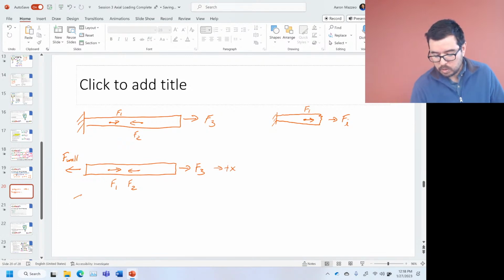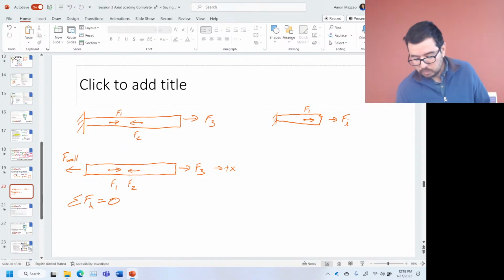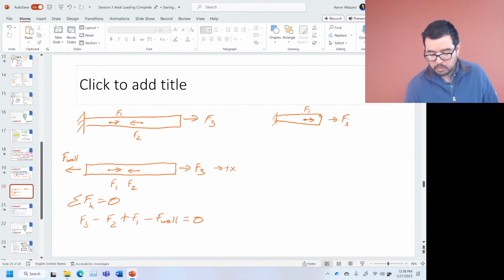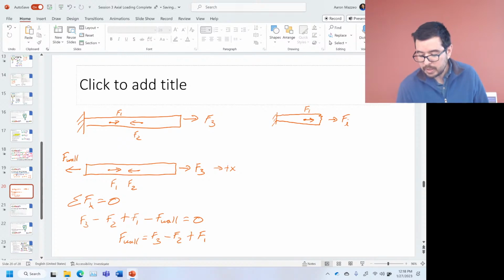When we do the summation of the forces in the x direction equal to 0, we're going to have F3 minus F2 plus F1, and minus F wall, equal to 0. So F wall will be equal to F3 minus F2 plus F1.